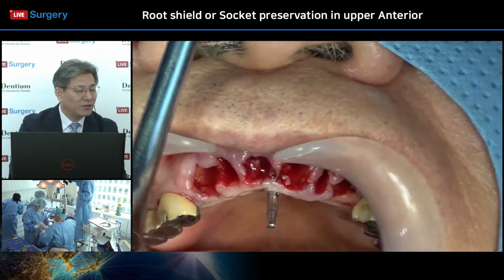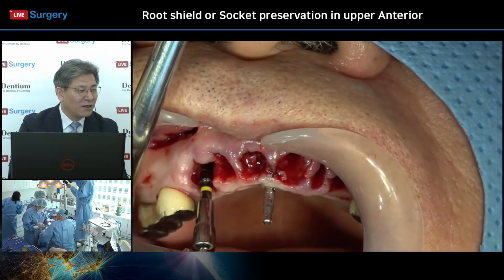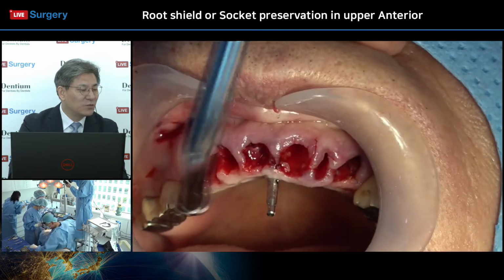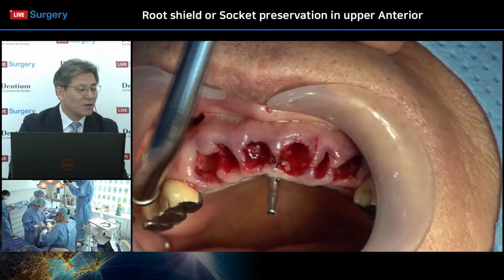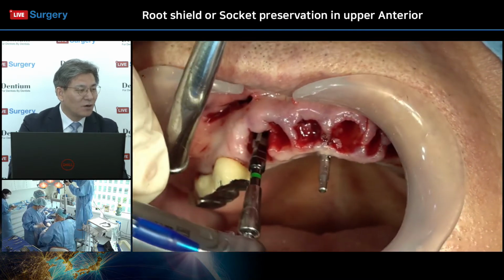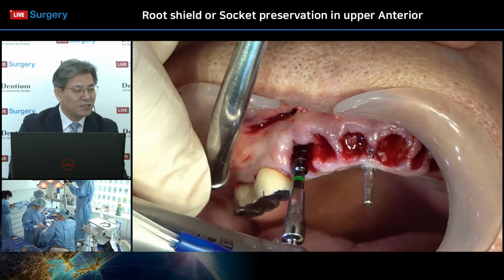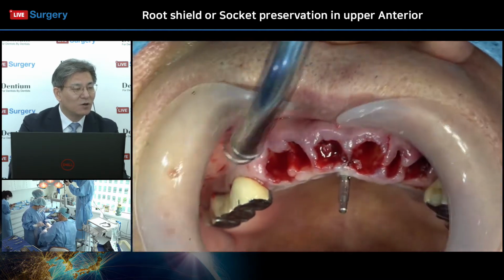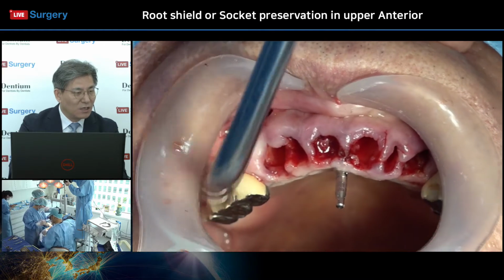When we have a manual type, this guide kit is very useful.